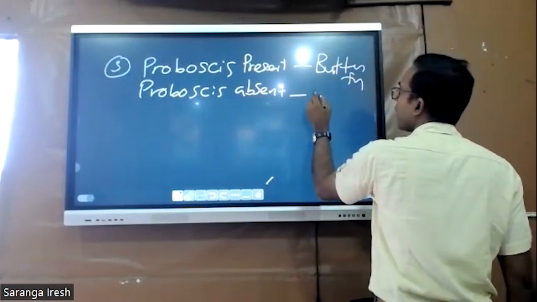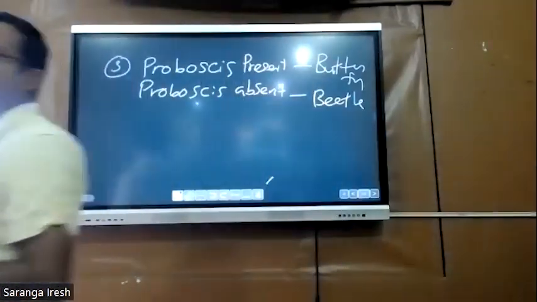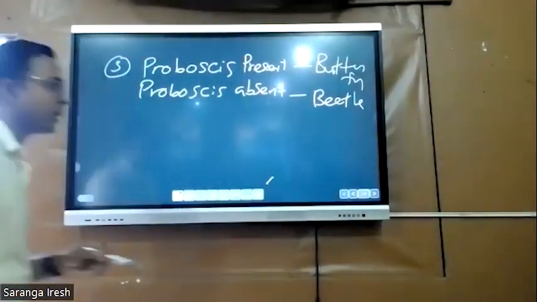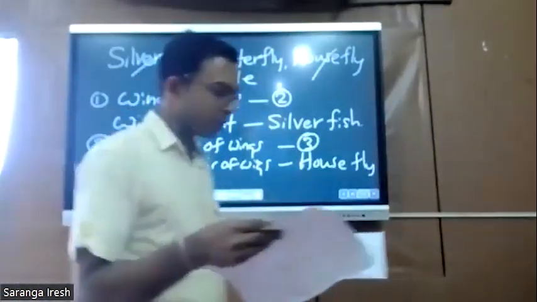Absent: beetle. Understood? This is the method of classifying the organisms using the dichotomous key.